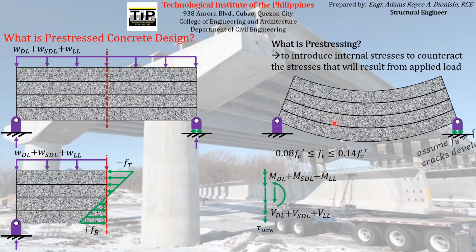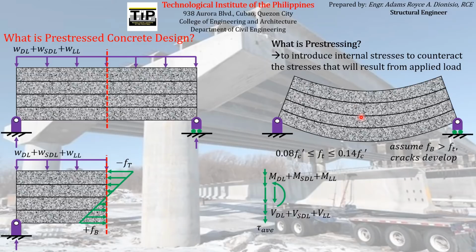So tendency, cracks will develop. Cracks will develop starting from the bottom of the concrete beam, and then it will easily propagate up to the topmost fiber of the concrete beam.